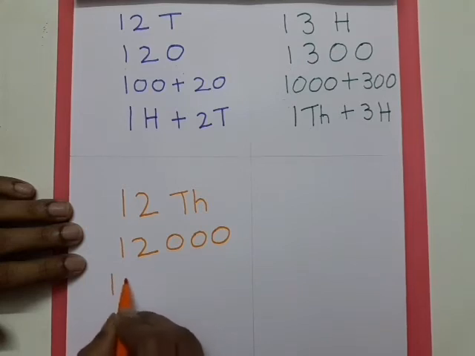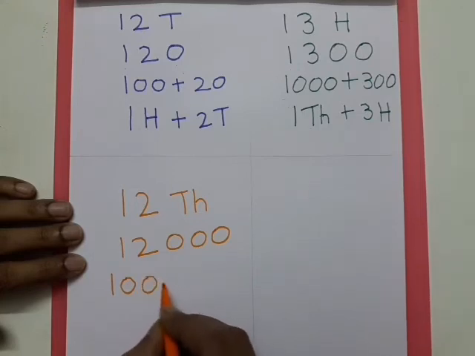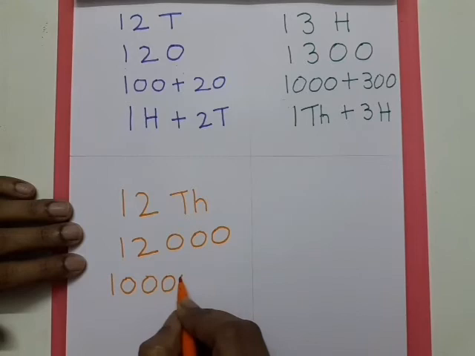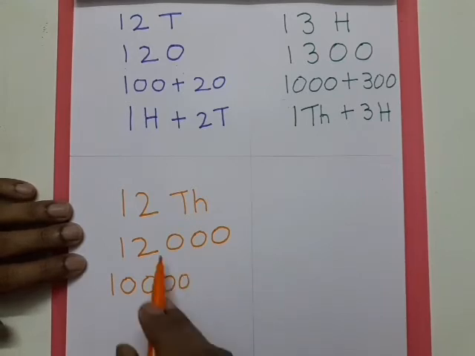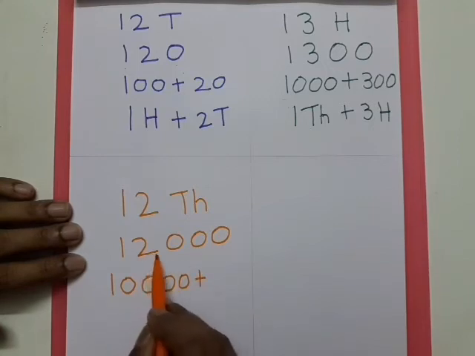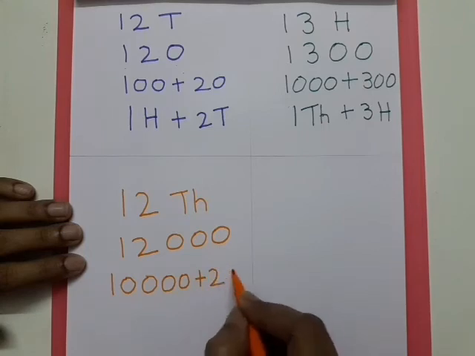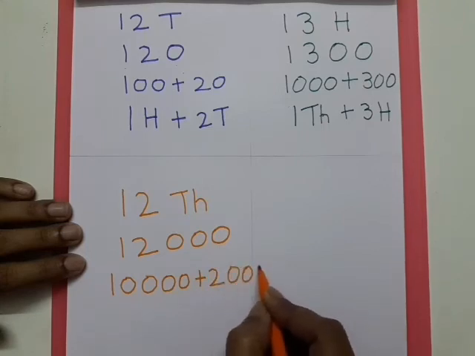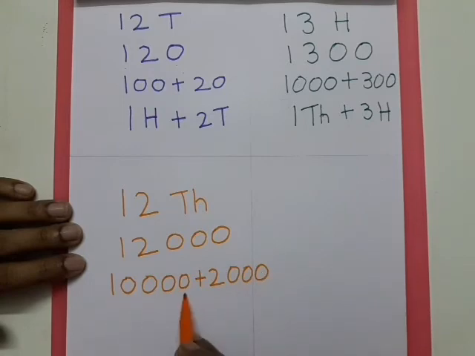That is 10,000 plus 2,000. Okay, so 10,000 plus 2,000.